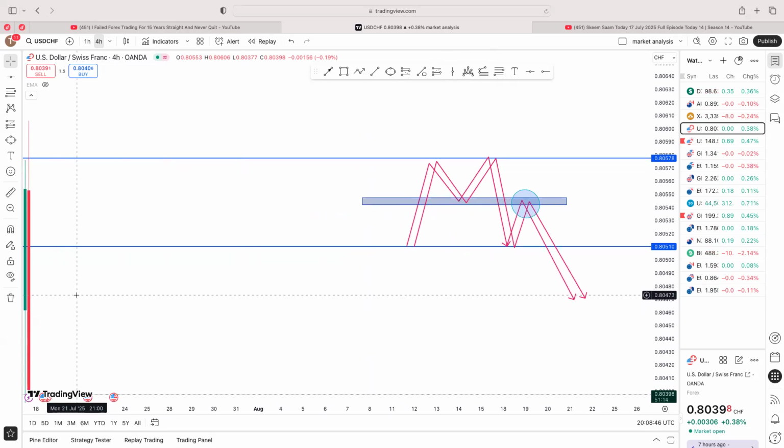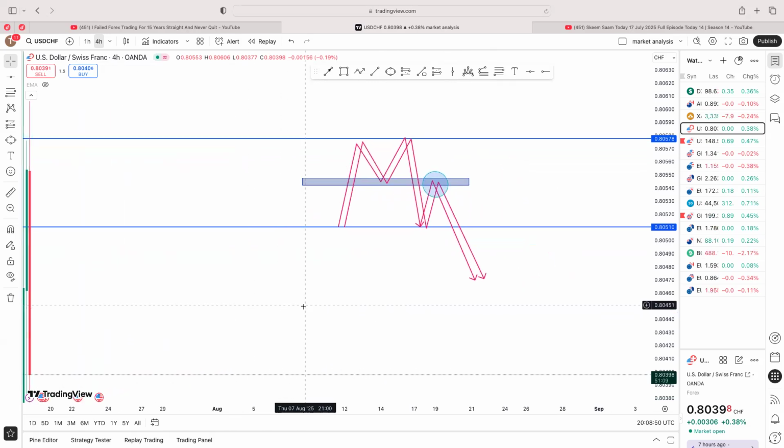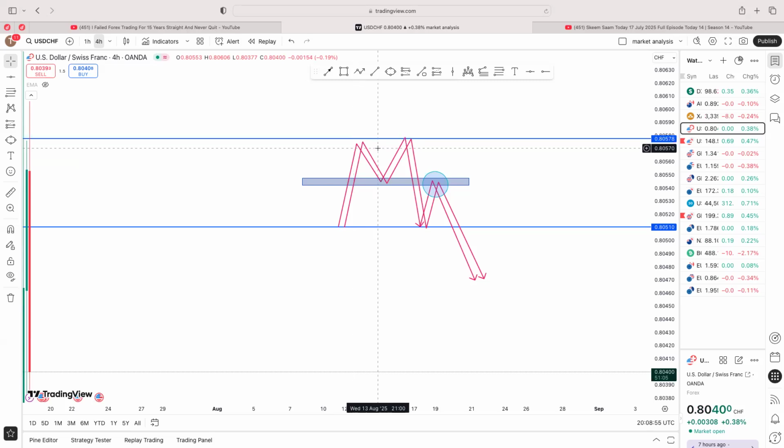Where do we trade this M pattern? On the support or on the resistance, or anywhere we see this M pattern, we jump on top of it based on the direction of the market? Remember, I've taught you about market structure. First, you need to identify the market structure.